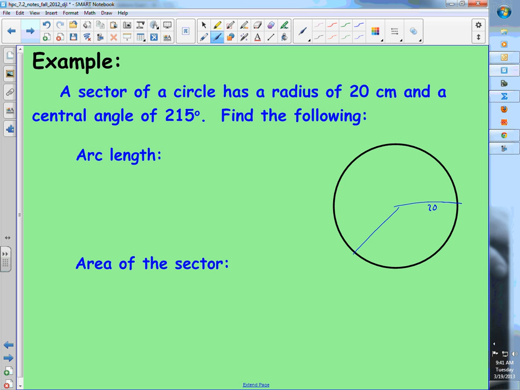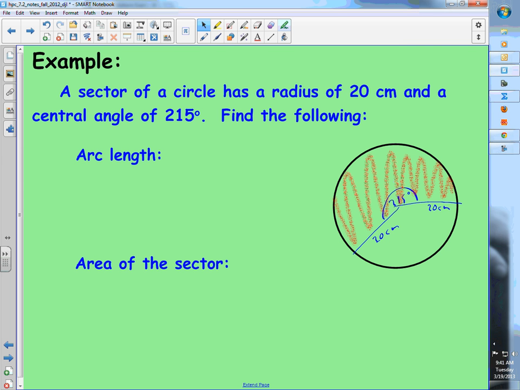So this is 20 centimeters, 20 centimeters, and this angle right here is 215 degrees, and this is the sector you're dealing with.